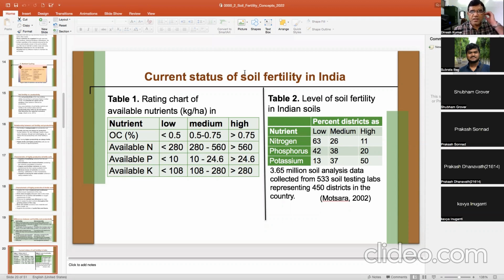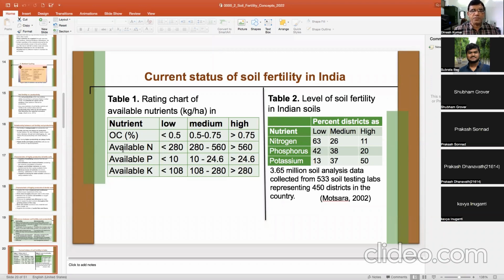And in case of nitrogen, NO3 negative, NH4 positive. Okay. So actually, Shubham, one term is there, mineral nitrogen. Mineral nitrogen means nitrogen in the form of ammonium and nitrate.